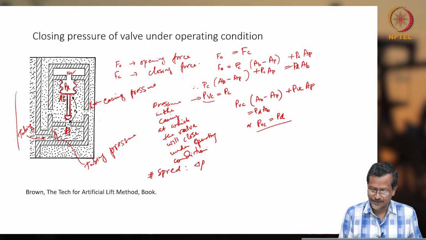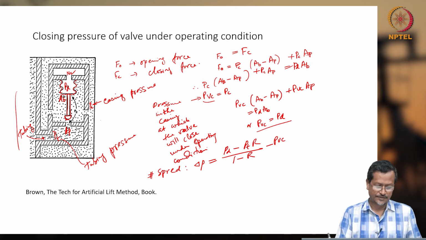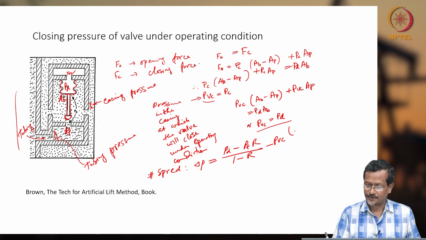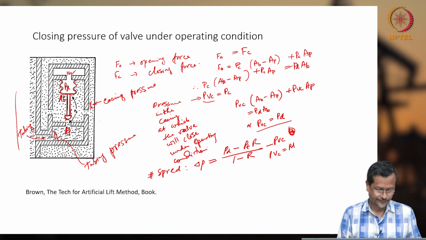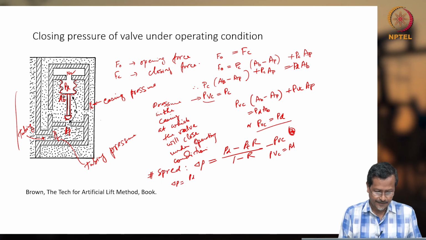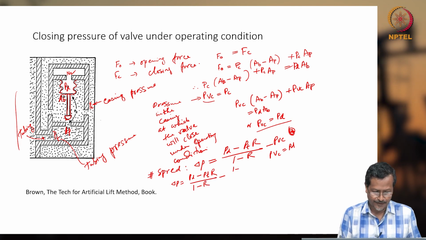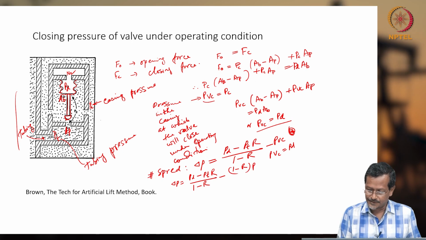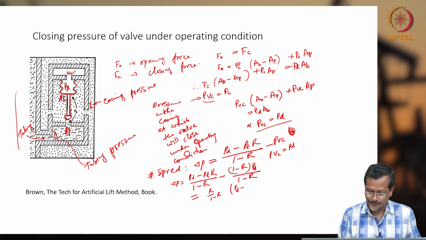So del P, the spread, equals (PD minus PT times R)/(1 minus R) minus PVC, the closing pressure. Here PVC equals PD. Now del P equals (PD minus PT times R)/(1 minus R) minus PD, which gives del P equals R/(1 minus R) times (PD minus PT).